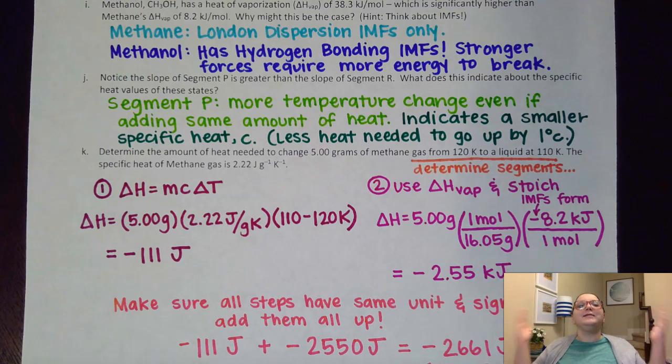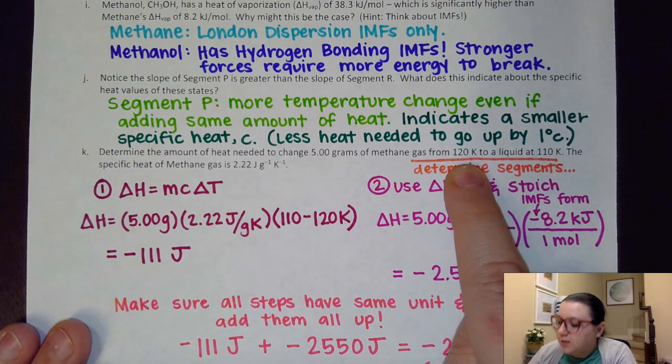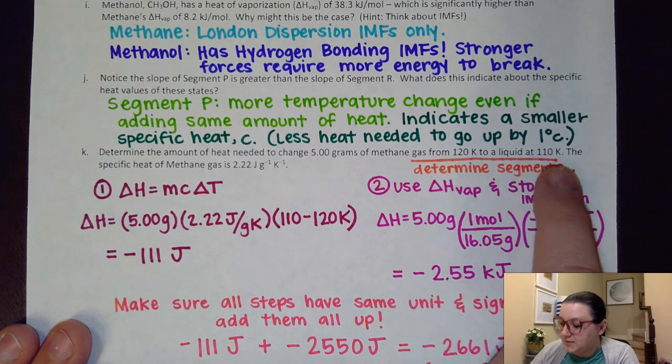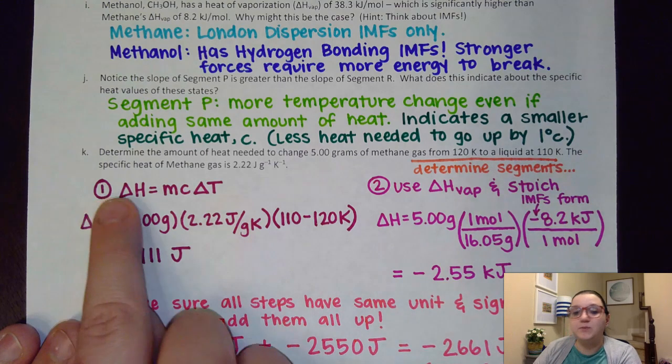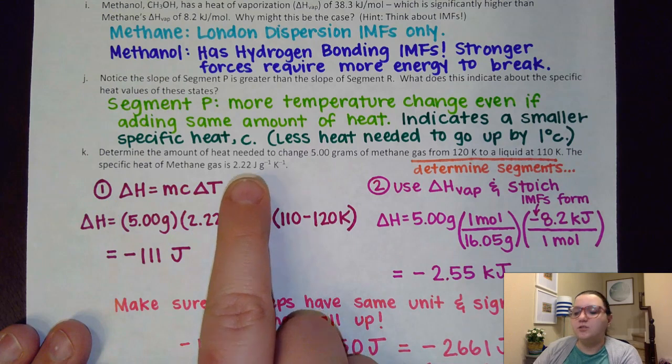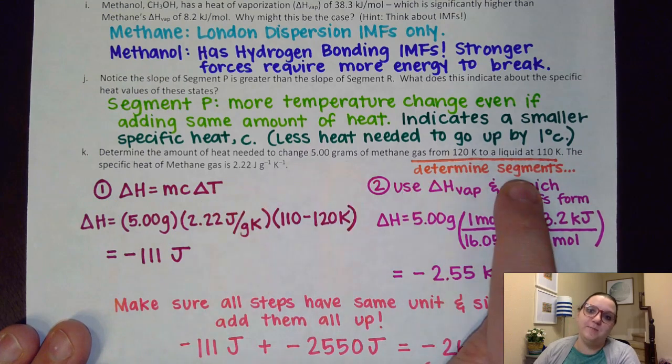So now, let's talk about the calculation together. It says here to determine the amount of heat needed to change 5 grams of methane gas from 120 Kelvin back to a liquid at 110 Kelvin, and it gives us a specific heat of methane gas. So the first thing I would do is determine my segments.